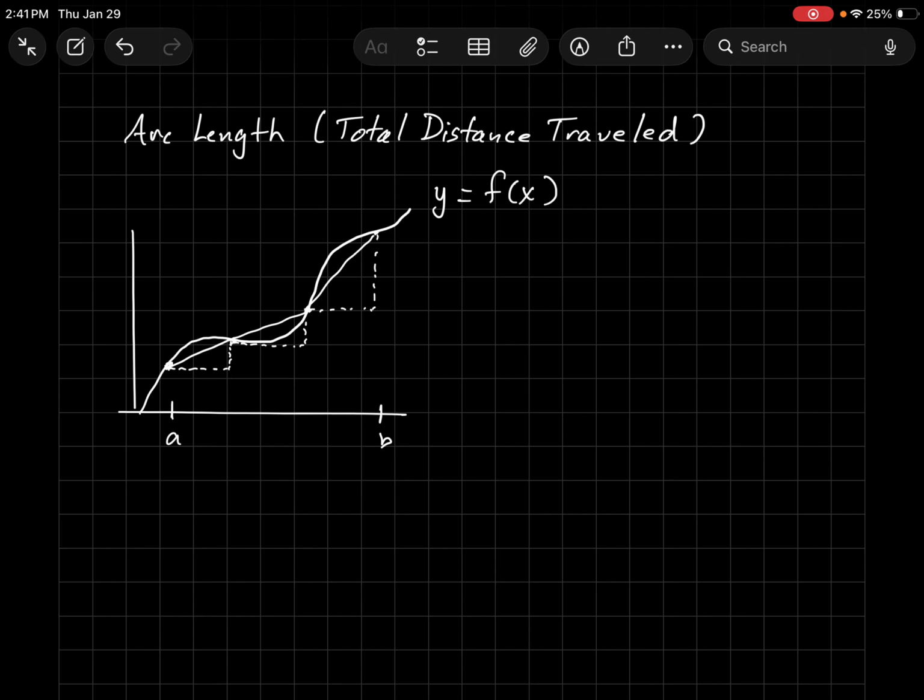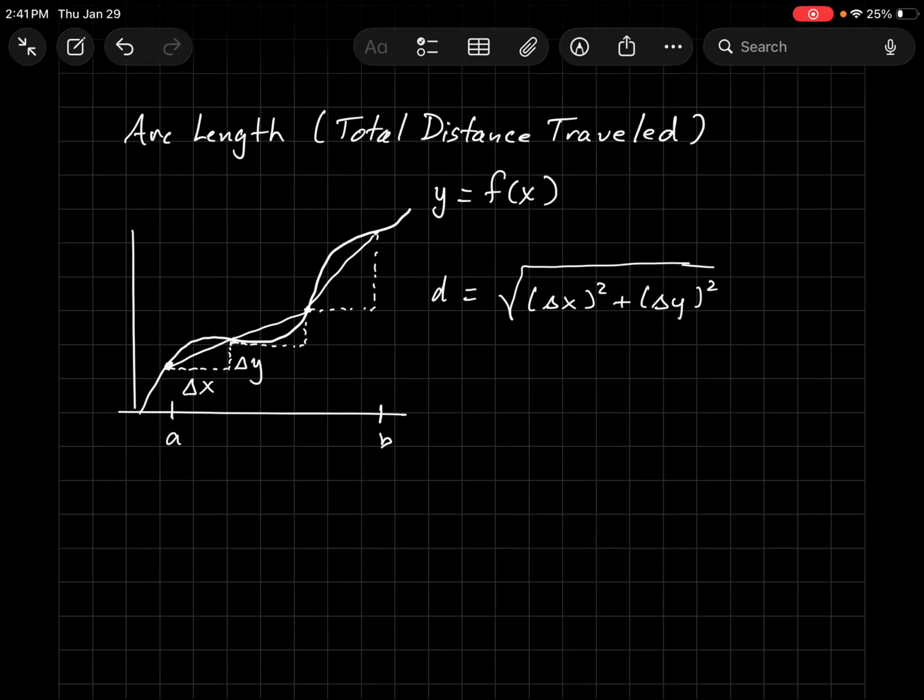So again, I'm not doing velocities right now. I'm just doing y equals f of x, and I want to find arc length, where that distance is delta x, and that distance is delta y, and similarly for both. Then one of those distances would be the square root of delta x squared plus delta y squared.